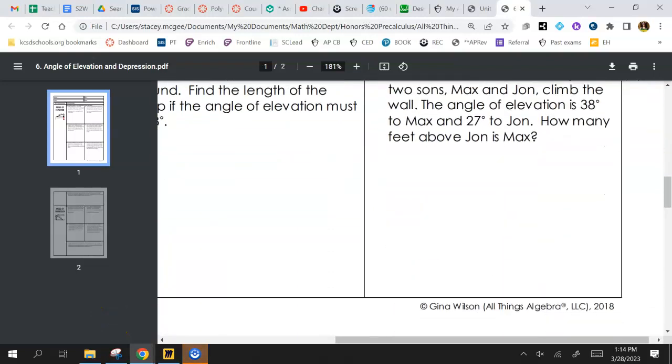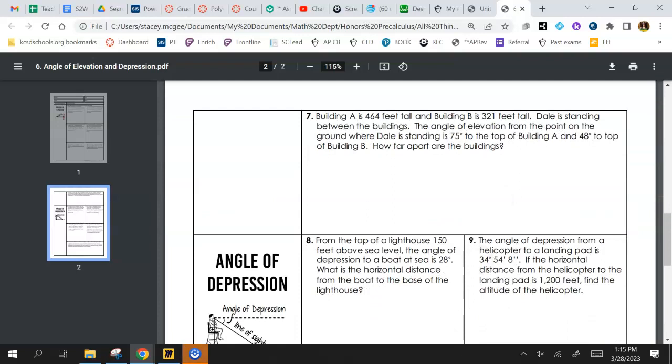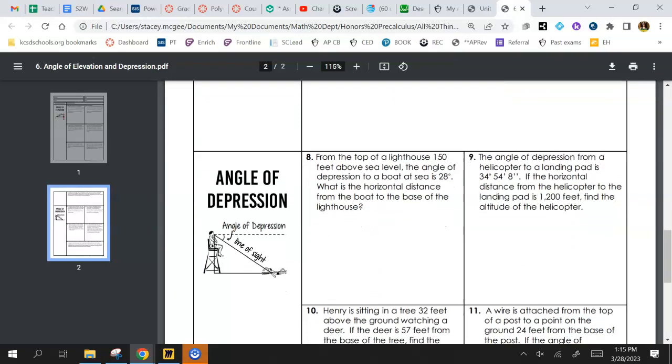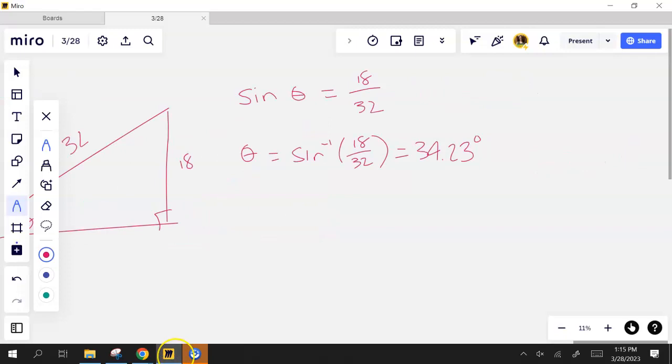Let's do a depression and then I'll stop. From the top of a lighthouse 150 feet above sea level, the angle of depression to a boat is 28 degrees.